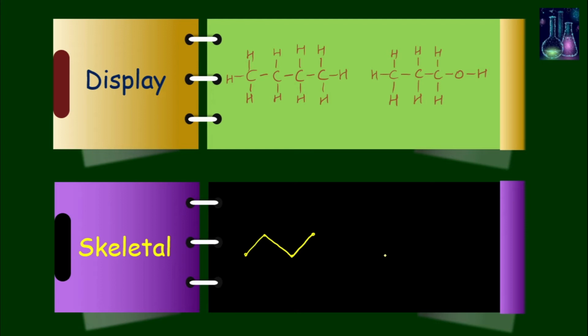Whereas the skeletal formula for propanol would be something like that. This becomes your 1st carbon, 2nd carbon, 3rd carbon. This becomes your propane, and there is an alcoholic functional group. Therefore, you have to show the functional group atoms. So this is the skeletal formula for propanol. I hope you understood. Let's move on to our next example.